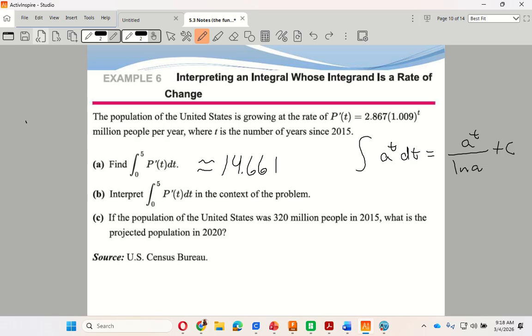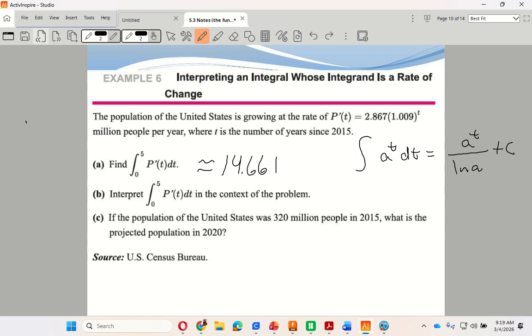So if I have the rate, but from here to here, if I knew all the rate in between, it's been 14.6 million people in those 5 years. Perfect. 14.661 million people were added to the population of the U.S. Perfect. Good job. That's exactly what it is.